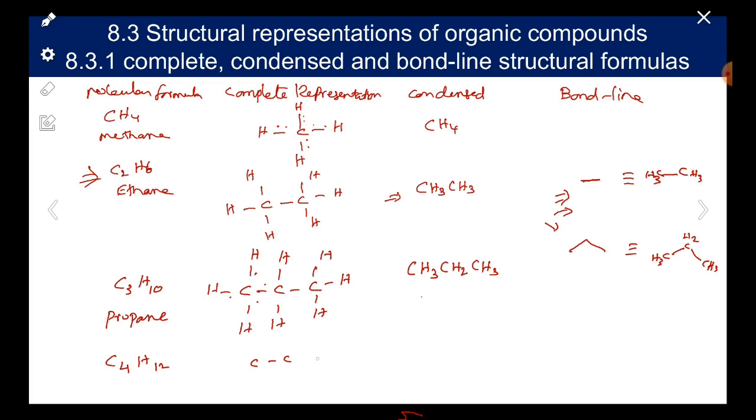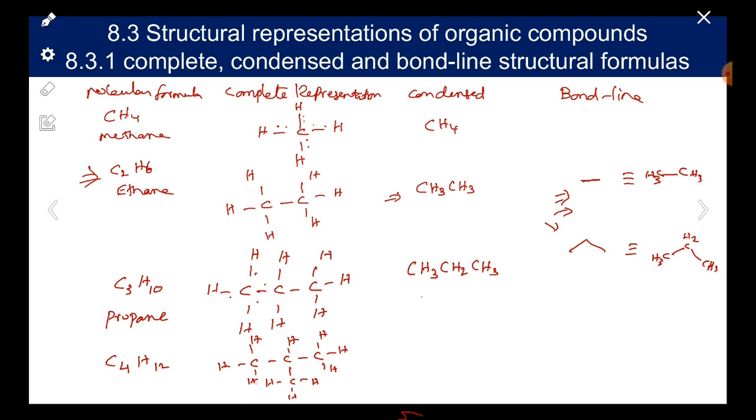C, C, C. I will write like this, C. Okay, there is a branch. So H, H, H. Here is a hydrogen atom, hydrogen atom, hydrogen atom, and this carbon will have three hydrogen atoms, right?